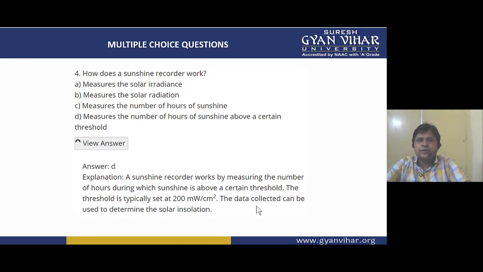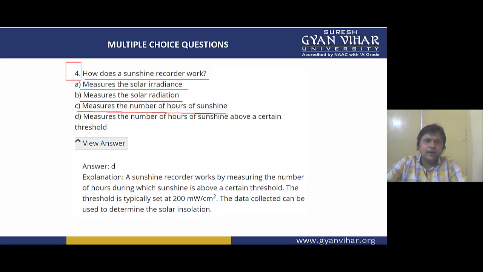The question number 4 is, how does a sunshine recorder work? This is the question, and the options available here are: A, measures the solar irradiance, B, measures the solar radiation, C, measures the number of hours of sunshine, and D, measures the number of hours of sunshine above a certain threshold.